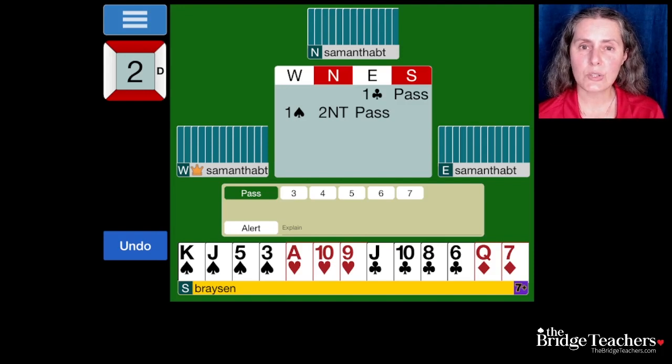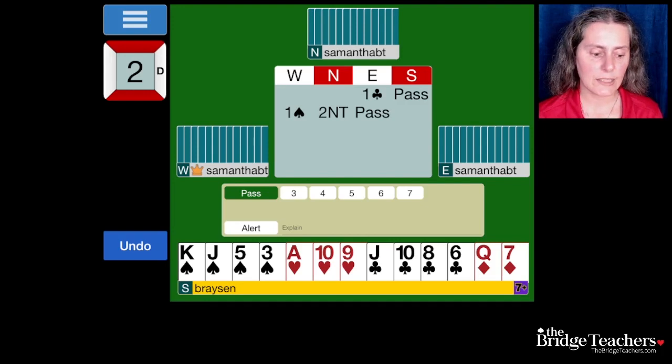With a hand that is too strong to overcall, partner is not going to jump, and that's the key element here. If partner has a hand that is too strong for one no trump, partner isn't just going to bid two no trump. Partner's going to double. When we have a hand as overcaller that is too strong to overcall, we always start with the takeout double. We don't jump.